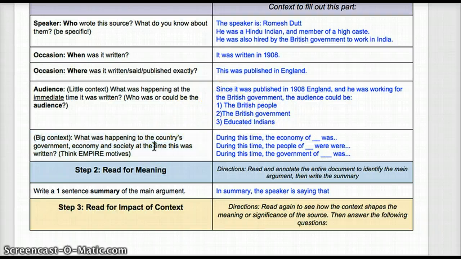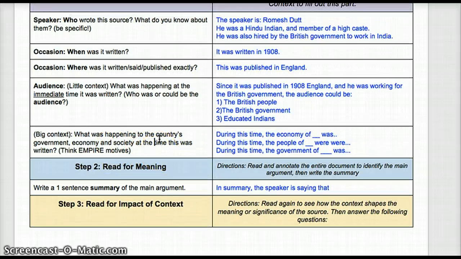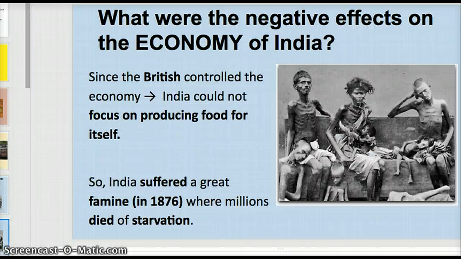Okay, what was happening to the country's government, economy, and society at the time it was written? Well, let's think about it. What do we know from the PowerPoint, guys, on what's happening in India around this time? Well, I might need to pause my video to look at my PowerPoint. Well, it looks like right before this, in 1876, there was a famine. The Indians were starving because the British controlled the economy.